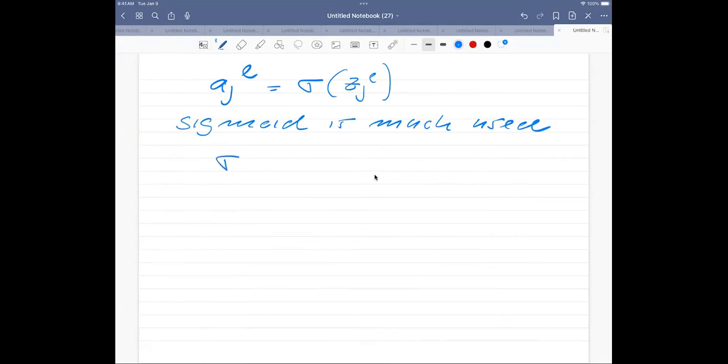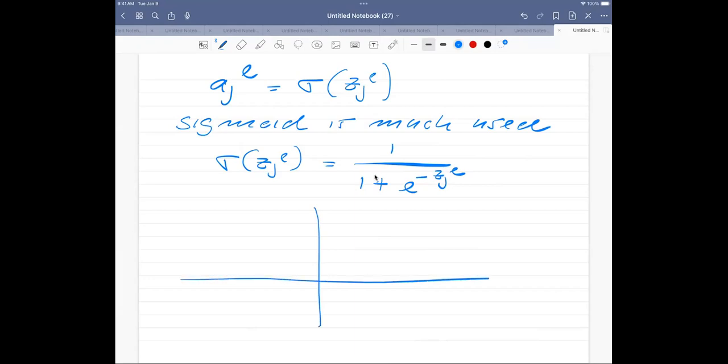And the sigmoid function, sigma of Z J L, is actually given by 1 over 1 plus e to the minus Z J L. So this is a function, when you plot it as a function of Z, what you will see is that it goes to 0 when Z goes to minus infinity, and then it changes value and it goes to 1 when Z goes to plus infinity.